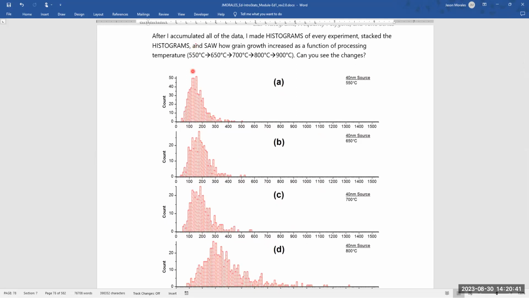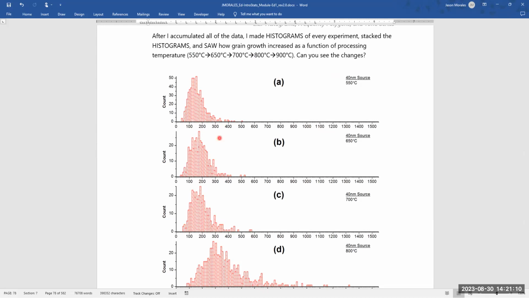So I'd do one experiment where the maximum temperature was 550 degrees centigrade. I did a second experiment where the maximum temperature was 650 degrees, a third experiment at 700, a fourth experiment at 800, and a final experiment at 900. So I did 5 experiments, and I measured the grain size for each of the samples that I made.